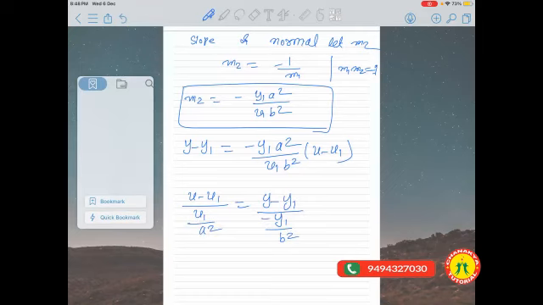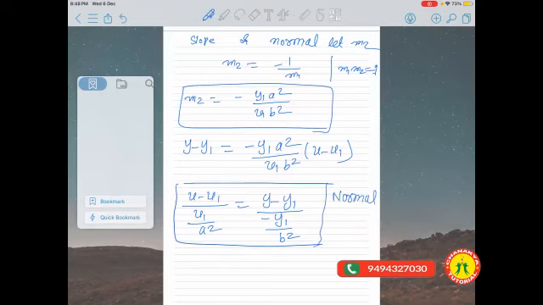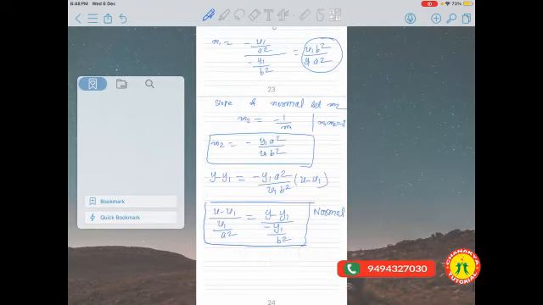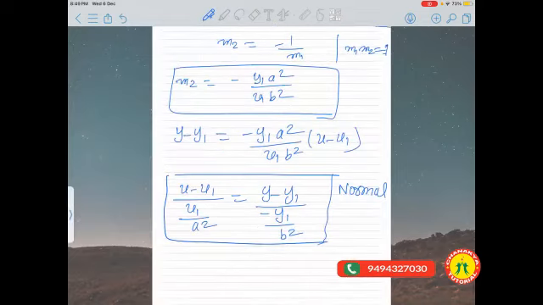This is the equation of normal in simplified form. We need to remember this formula, the equation of normal.